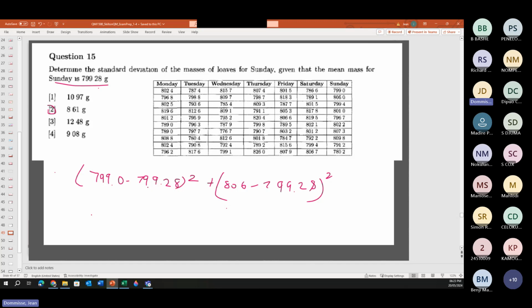Again, you could have done this without Excel, but then you need to say 799.0 minus the mean, to the power of 2, and sum them. Scientific calculators will have nearly the same functions that can work it out. I think my HP also has something like that, but then you need to put the data in and work it out like that.